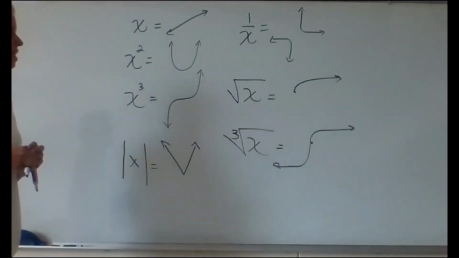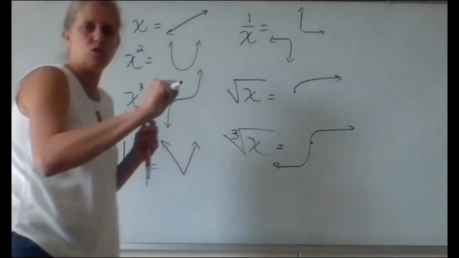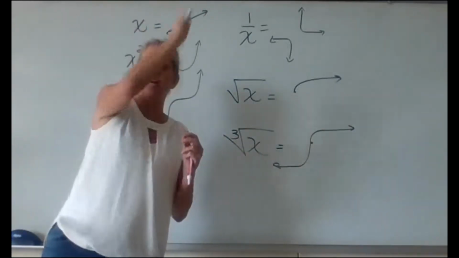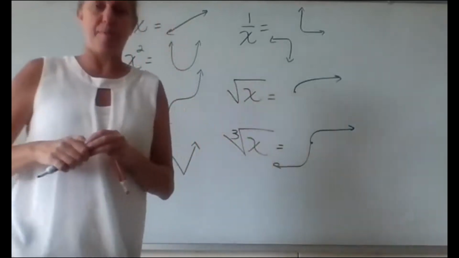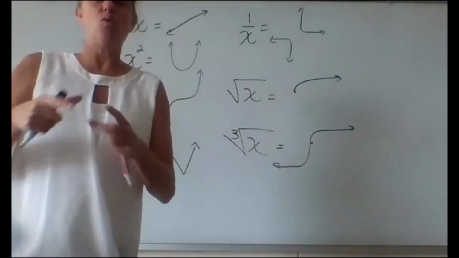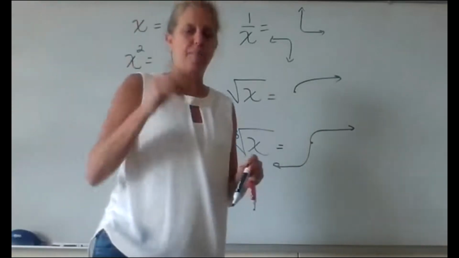Now, sometimes you'll have a graph and it'll be, say, an X squared graph, but it's not going to be centered right at the origin. It's going to be up and over or down and over. What makes that happen? Okay, the numbers that are with the graph are what shift it left and right and up and down.